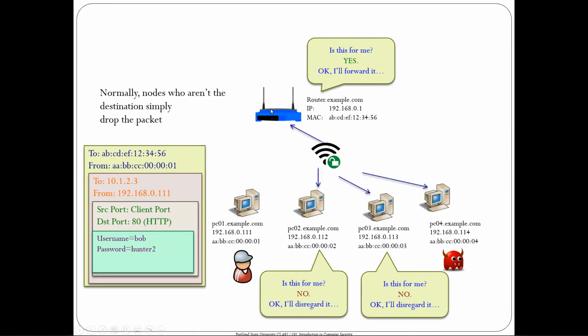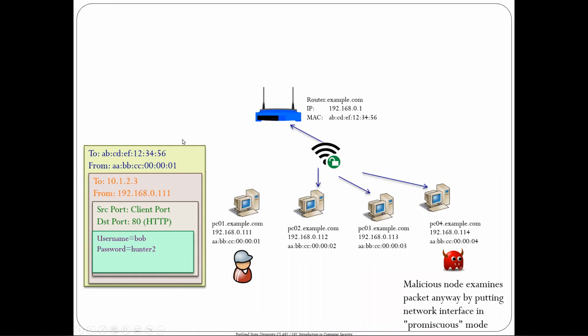And for that, it will actually take in this packet and do a routing operation on it to send it to its final destination. Now, the adversary sees this frame, but what the adversary does is say, I want to monitor every single packet that goes over my network interface in what they call promiscuous mode.